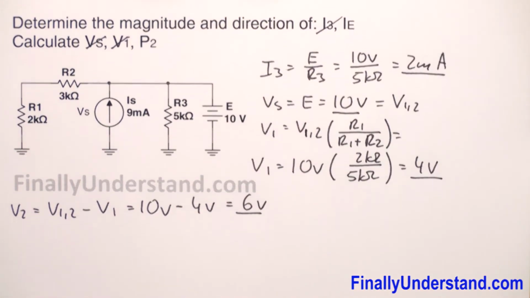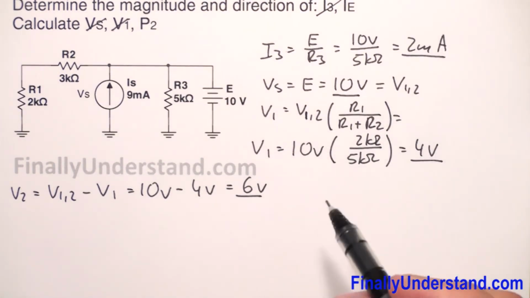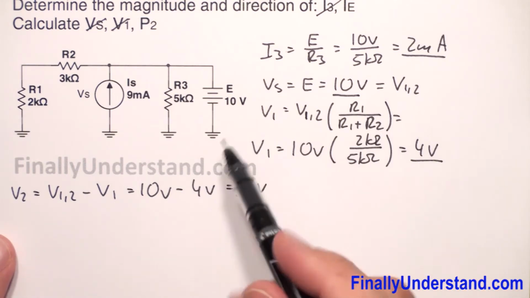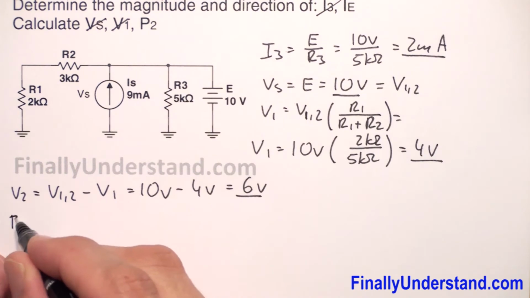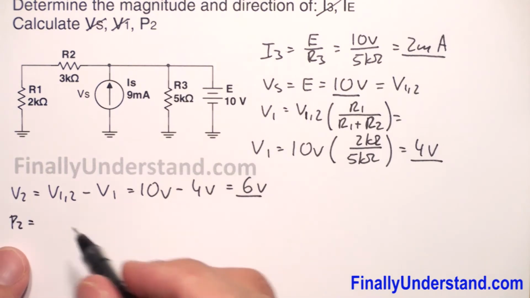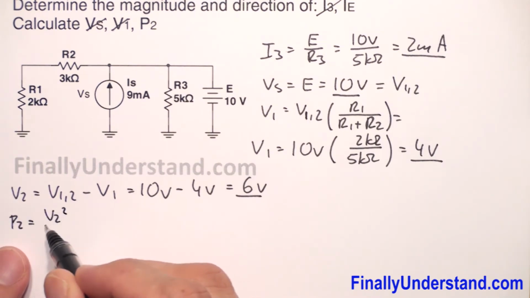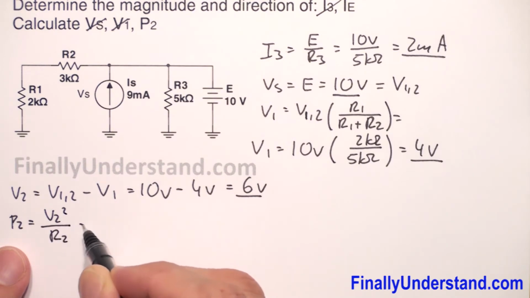Next, we're supposed to find power P2. So P2 is equal V2 to the second power over R2.